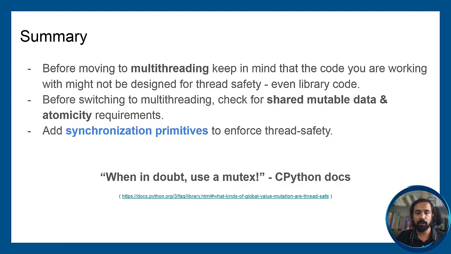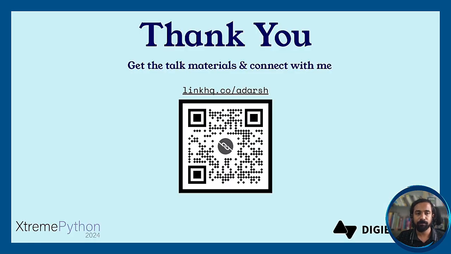So before switching to multi-threading, we should check for shared data, shared mutable data, as well as atomicity requirements of the application being executed. Then we should add synchronization primitives appropriately to ensure thread safety. As the CPython docs suggest, when in doubt, we should use a mutex or mutual exclusion primitives to ensure that our code is thread safe.